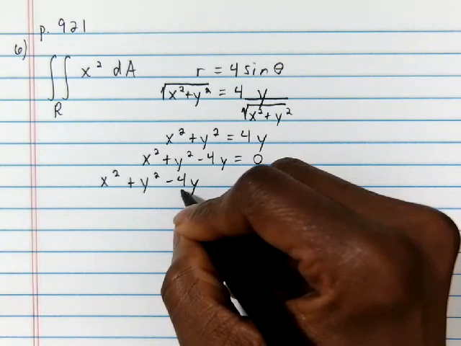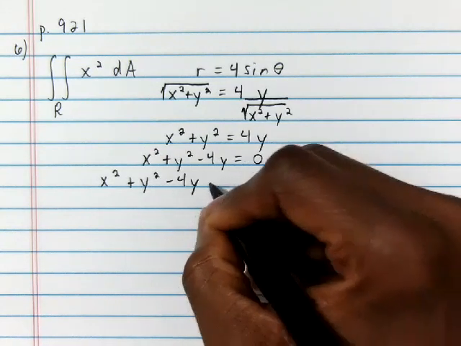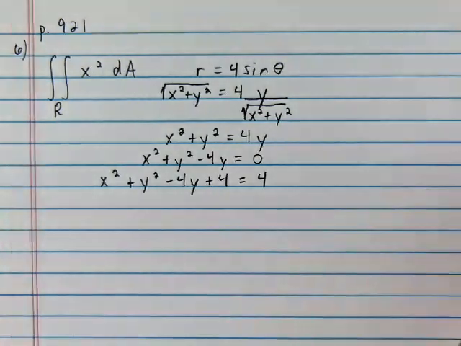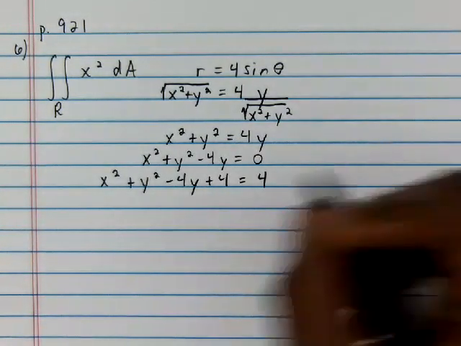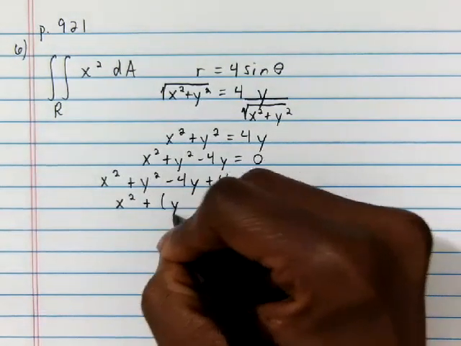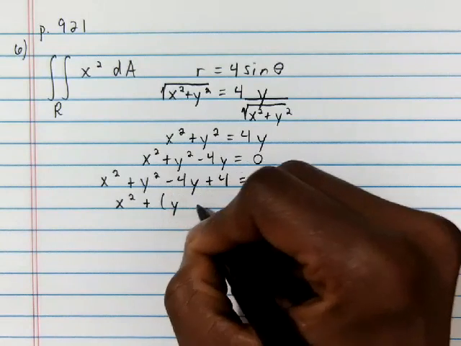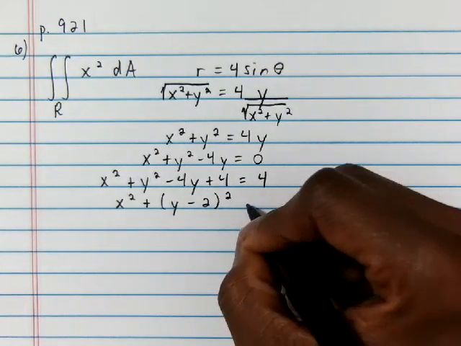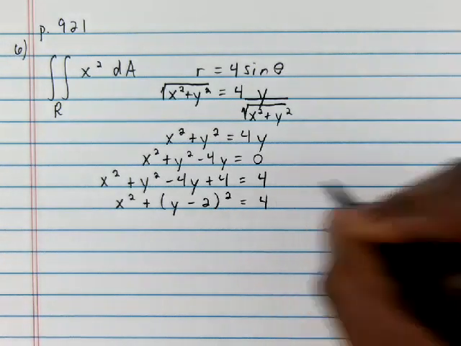We square it and add it to both sides. So negative 2 squared is 4, so we add a 4 right there, which means we have to add a 4 over there as well. So now we get x squared plus (y minus 2) squared equals 4.